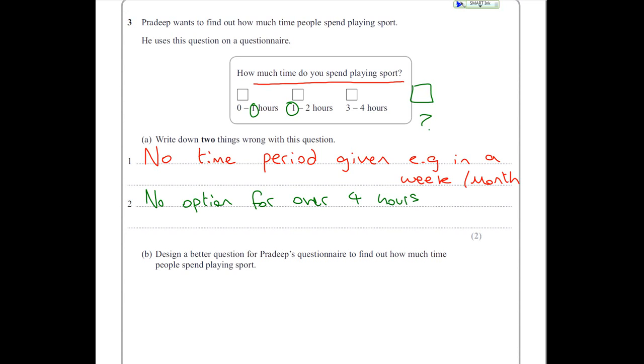Now with these questions, it asks you to improve the questionnaire. So in part B, design a better question for Pradeep's questionnaire to find out how much time people spend playing sports.